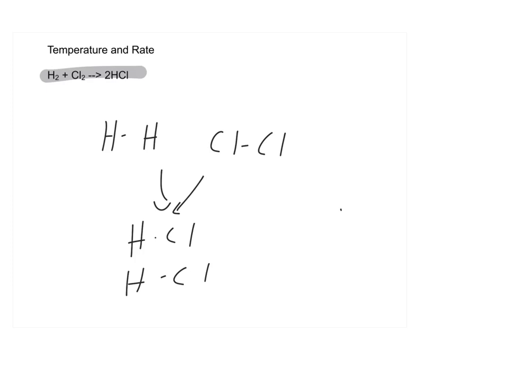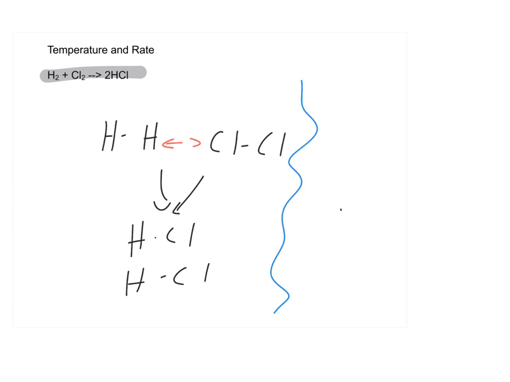If they come in head to head, where the H2 hits the Cl2 head to head, in fact, this reaction is not going to happen. The orientation is not correct in order to make the 2 molecules of HCl.